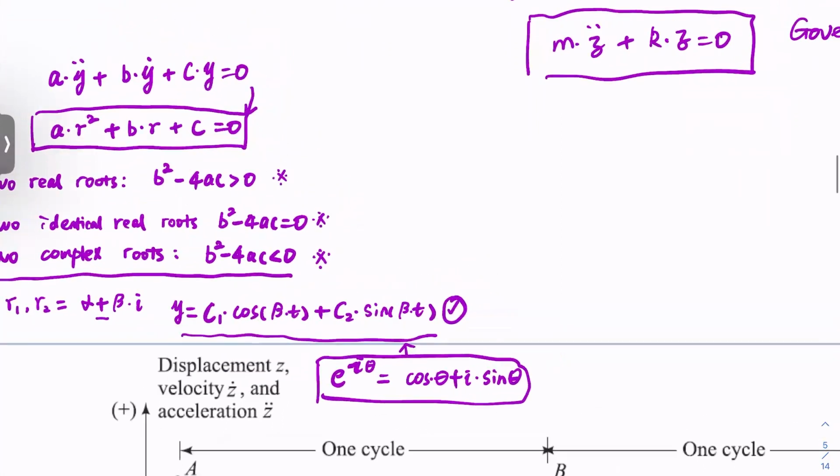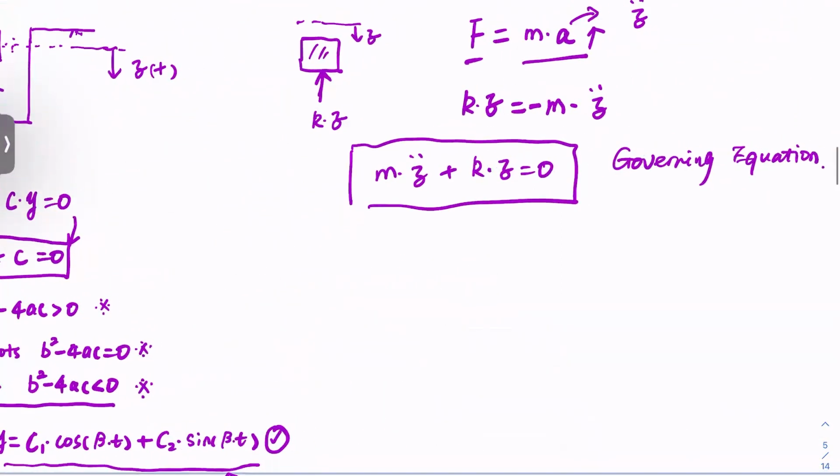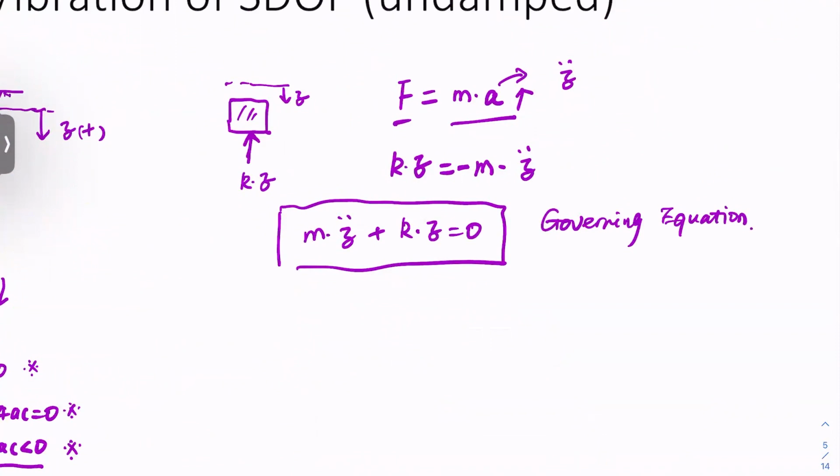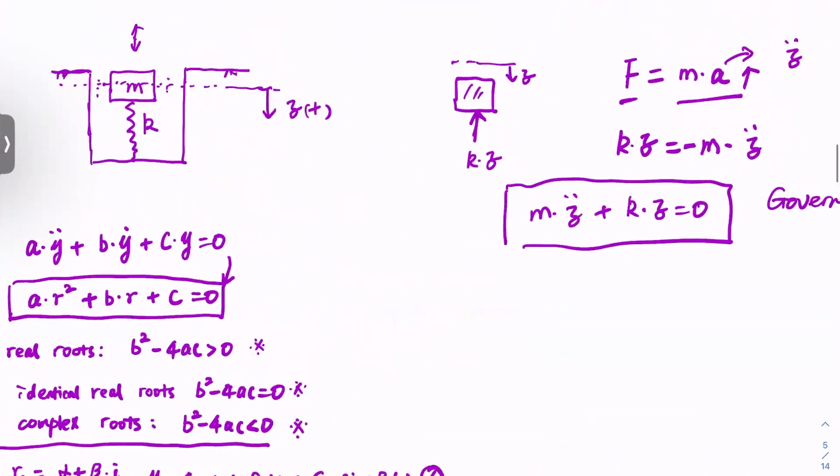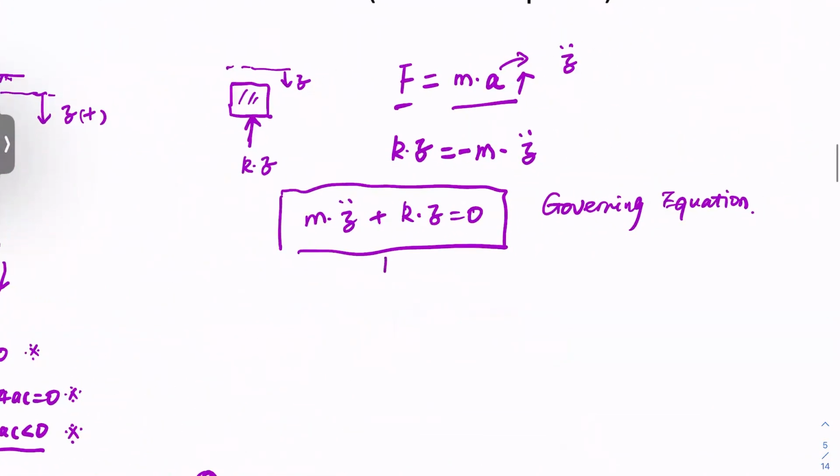So let's take a look at this governing equation here. Tell me which scenario should be applied from all those three. How can we come up with something a little bit similar? Yes, and let's solve for the roots. m is the mass, it's going to be a positive real number. k is the stiffness of the spring, it's also going to be a positive number.